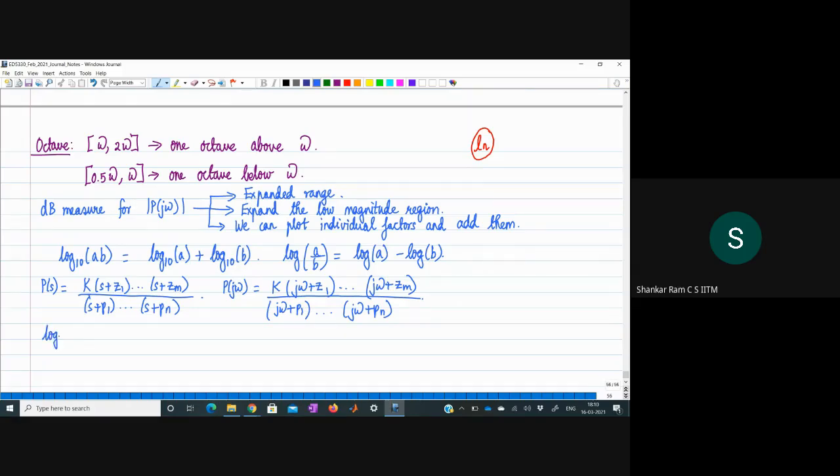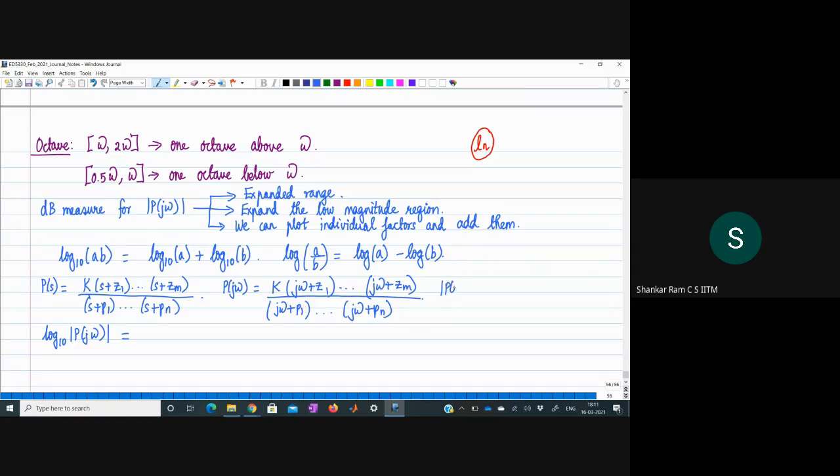Now what will happen if I take the magnitude of P of j omega and convert it into decibel measure? Let's not worry about multiplying by the factor 20 for now.